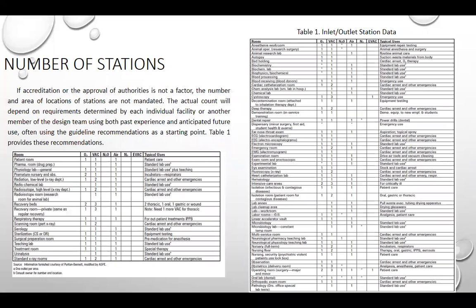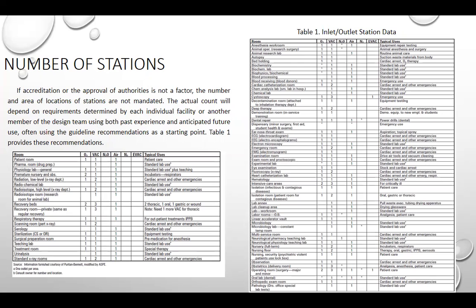If accreditation or the approval of an authority is not a factor, the number of stations and area of location of stations are not mandated. The actual count will depend on the requirements determined by each individual facility or another member of the design team using both past experience and anticipated future use. Often, using this guideline recommendation as a starting point.